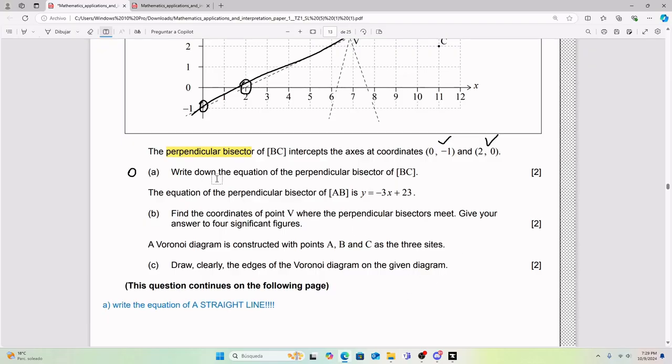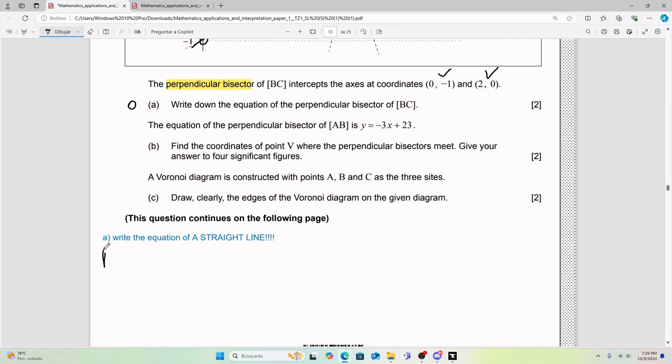And in the formula booklet, if you go to the part on straight lines, and I've shown this in other videos, you will encounter what we call the point slope formula, or point slope form, I'm not sure, see?